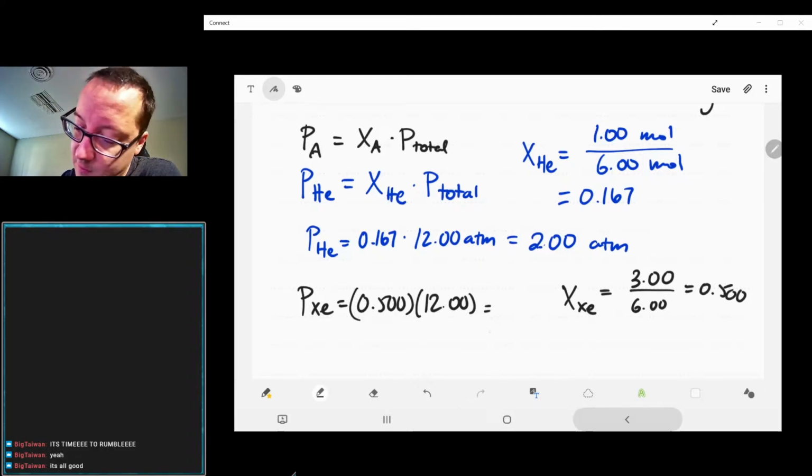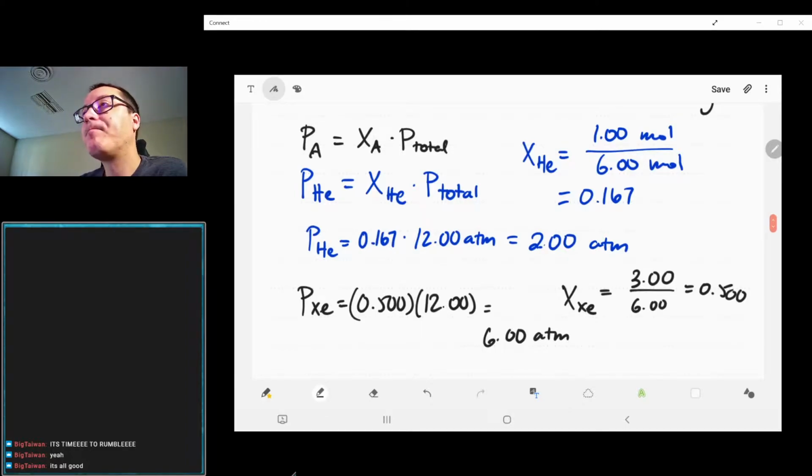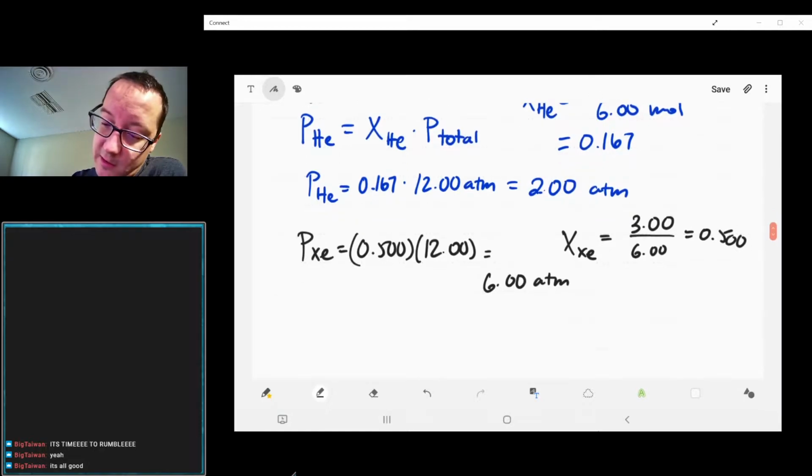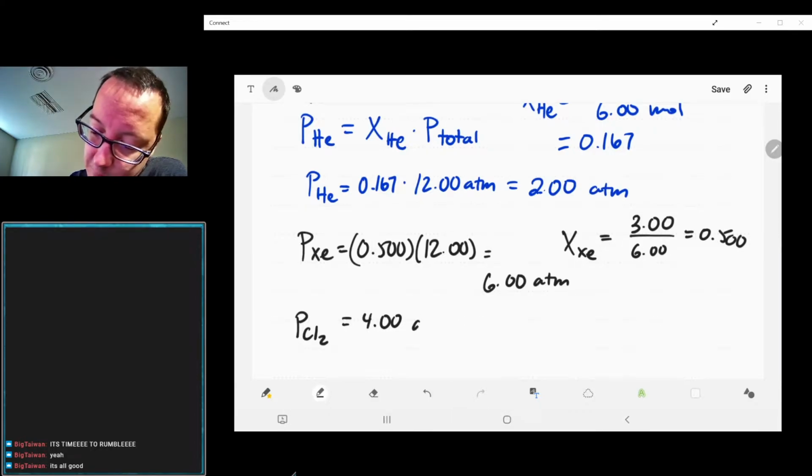And so doing this, we get 6 atmospheres. And without even having to do it, we can see the pressure of, what was it, chlorine, should be equal to 4 atmospheres.